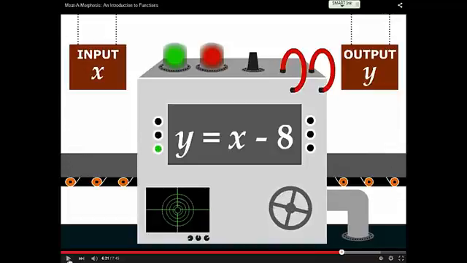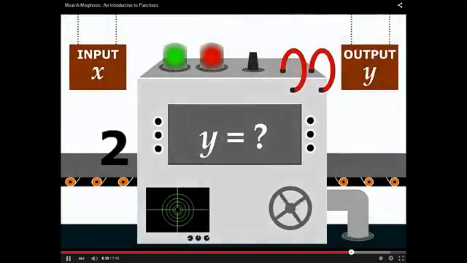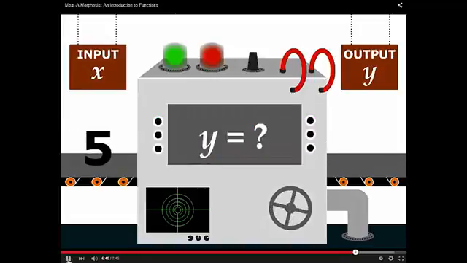Make your prediction. Okay, so you saw each number come in, each number come out. What could we do to each number that would result in the output?